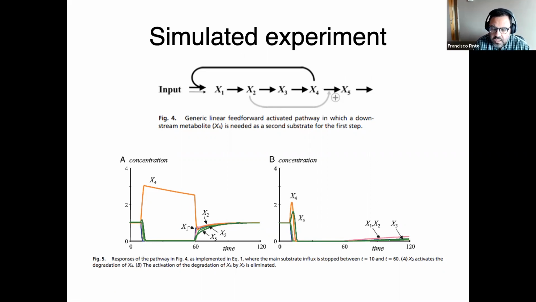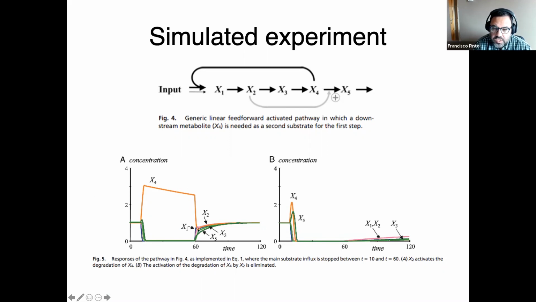You take the nutrients out of the media, and you simulate how the pathway behaves during that fasting period. If you have fasting forever, the bacteria will die, of course. But if 50 units of time later glucose appears again in the media, then the system recovers, but it recovers with different kinetics.